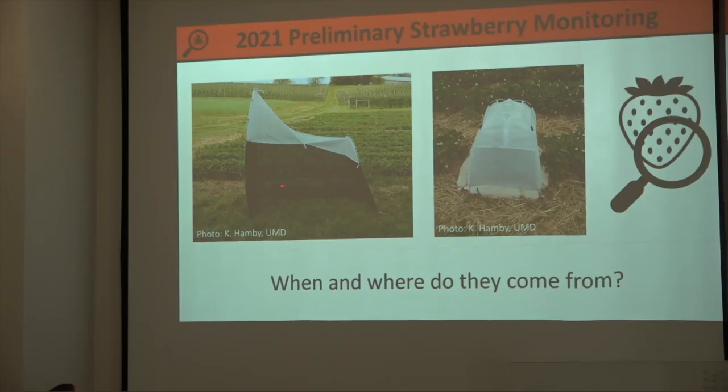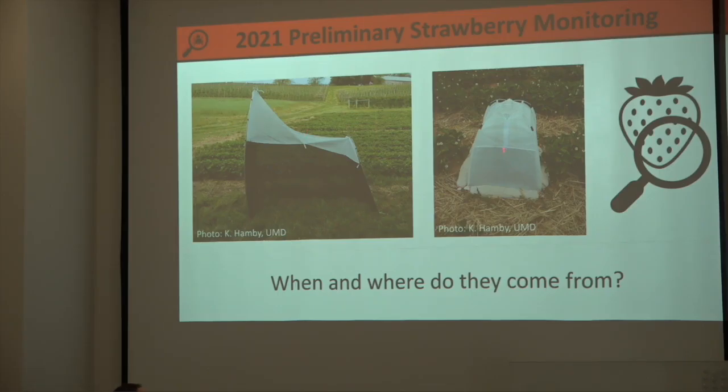They crash into this piece of fabric, and they crawl up and into a collection device at the top. This thing is pretty big, about 6 feet maybe in length, to give them some space to crash into.